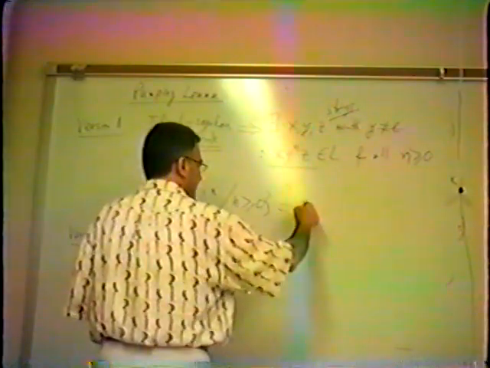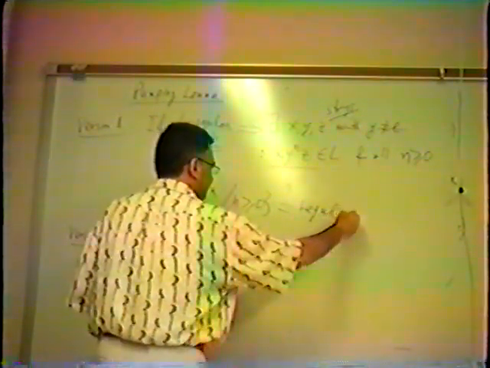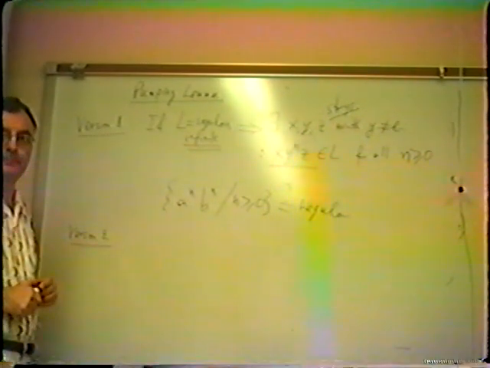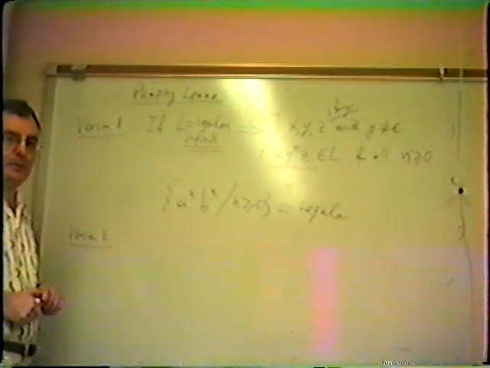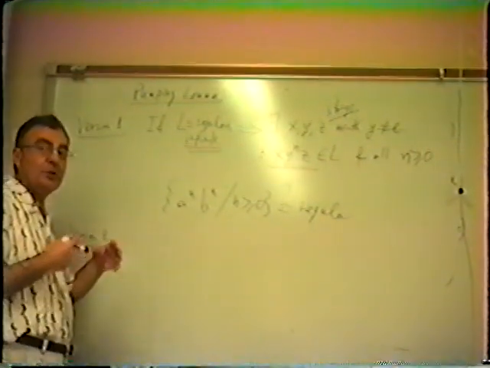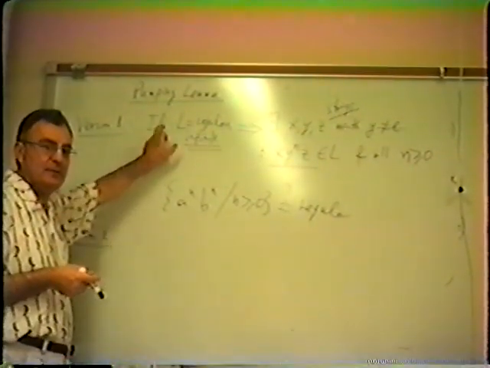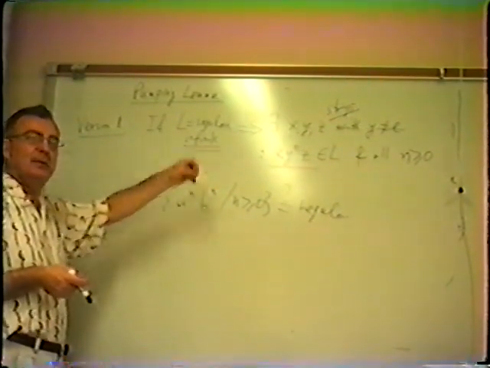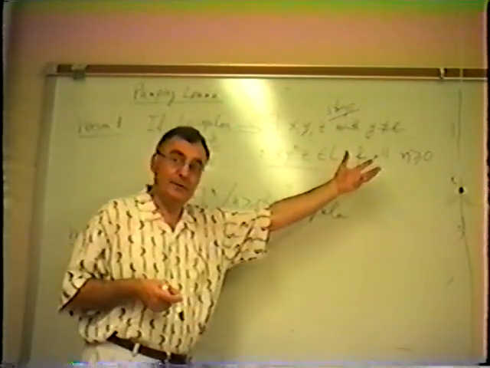So the question is, is this regular? Okay, you prove that it's not regular using contradiction and this theorem. You say, if it was regular, then you could find x, y, z.